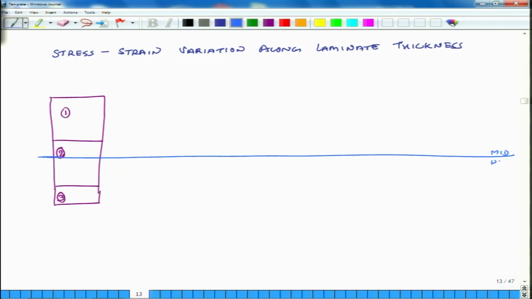So, this is my midplane, and this is the z direction. And if I go in this direction, this is the x direction. Now, so this is my laminate.